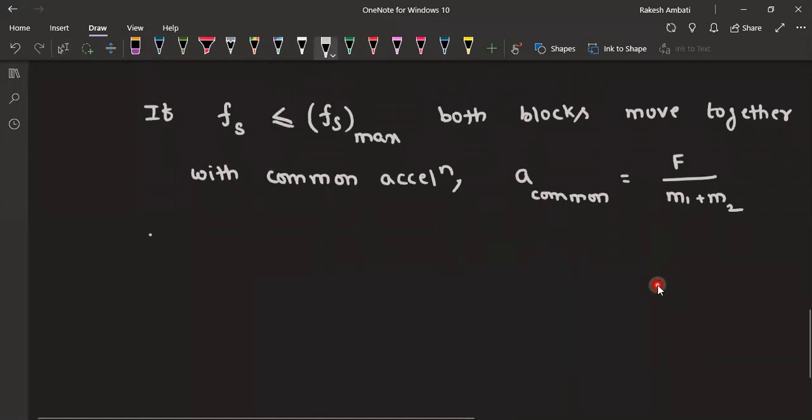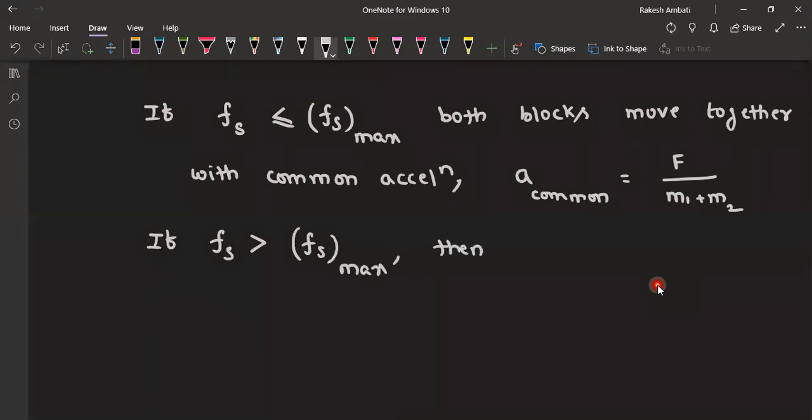So, if Fs is greater than Fs maximum, then the blocks move separately. Both blocks move separately with different accelerations.